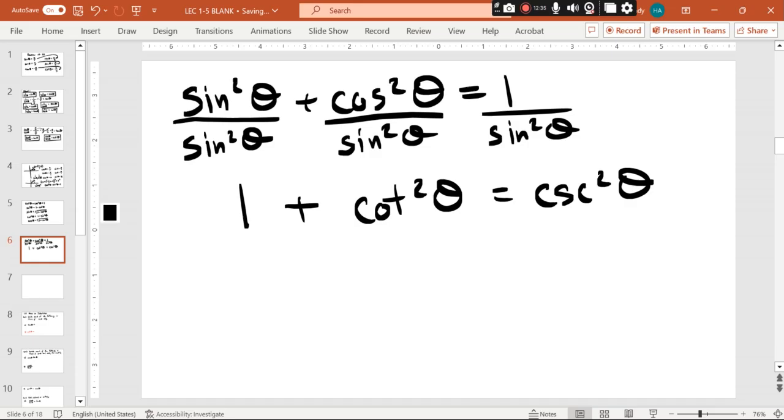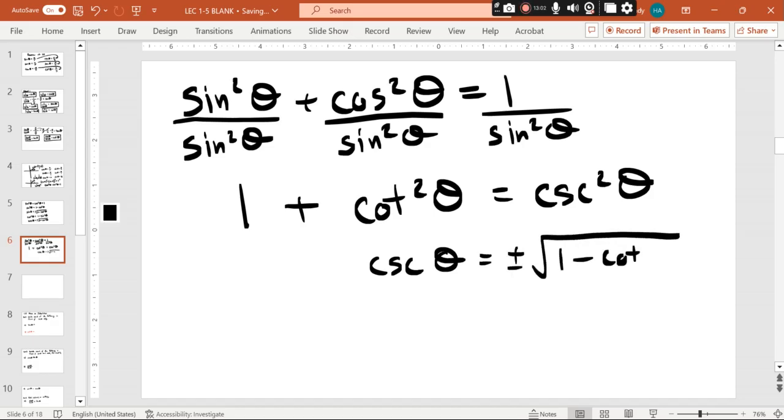This is super cool. Okay, so wait a minute. I need variations of this, just like I did last time. So let's do some variations. I can take the square root of both sides, right? So first, we can move this around. You guys can do this in your heads, I think you can move this around real quick. Cosine squared is plus or minus 1 minus cotangent squared theta.